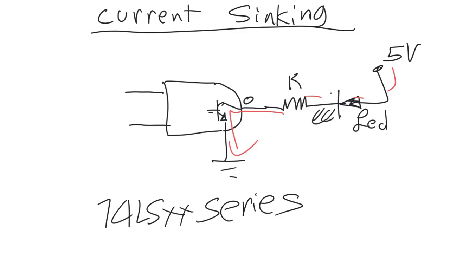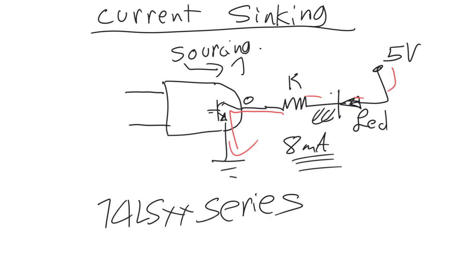The maximum rated current sinking is 8 milliamps. But for the sourcing current, in which case current is leaving the gate, it's only rated at 400 microamps, which is not enough to turn on an LED. So you want to use the LED for the current sinking.